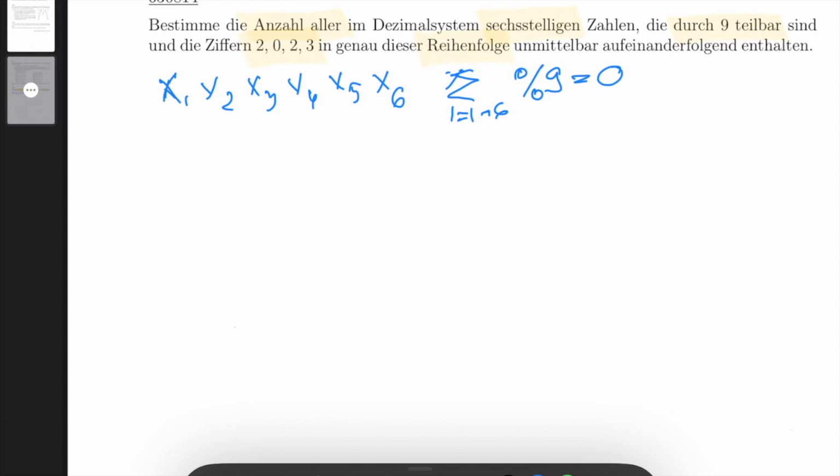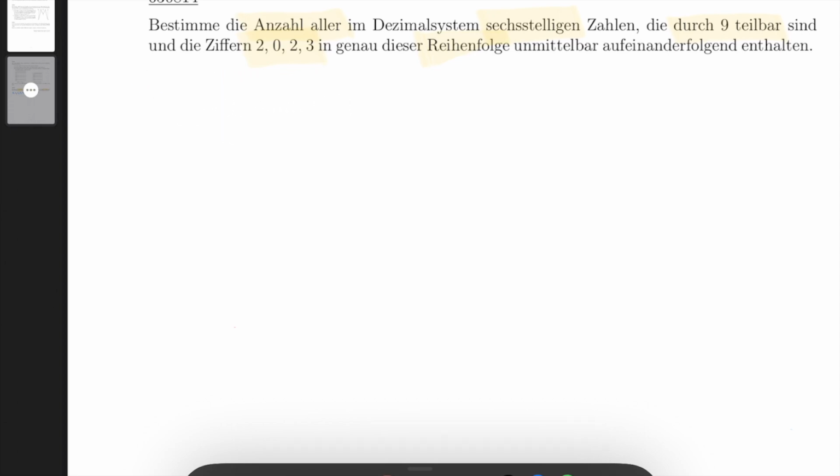So let's start with, as I mentioned, the brute force solution. We remember this one. We're going to start from left to right and count all possible numbers. So we fix 2, 0, 2, 3, and we only need x1, x2 left. The sum of this should be divisible by 9.